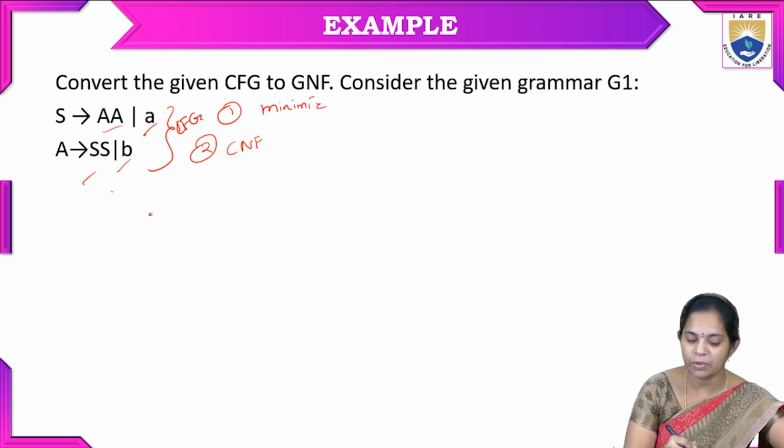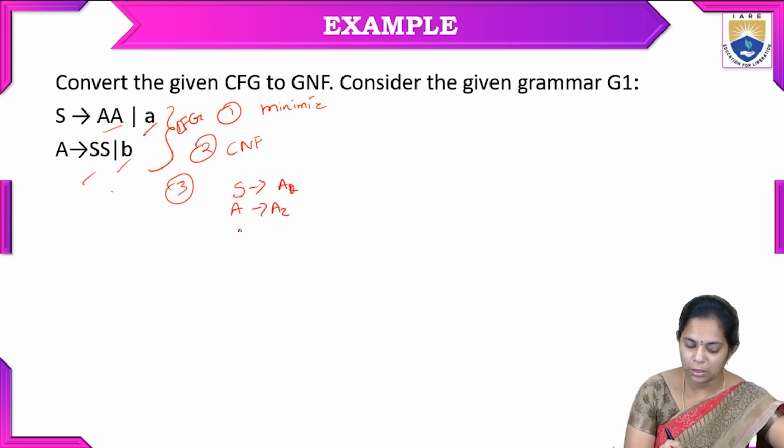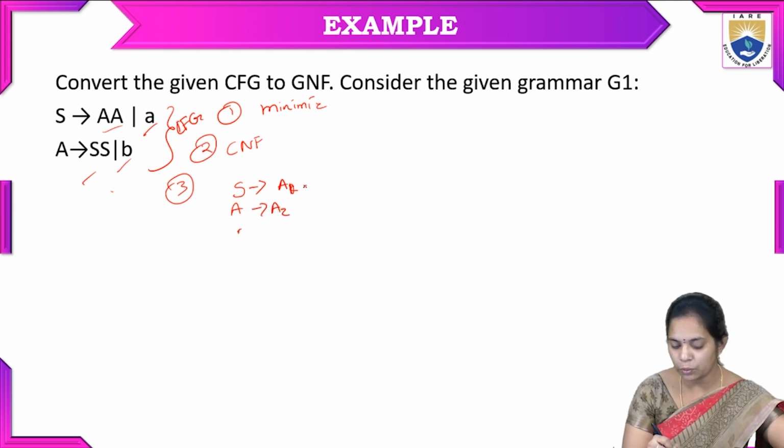So in the first step we minimize, in the second step we convert the grammar to CNF, and in the third step we assign values. So in the third step we will assign values. So here S tends to A1, and A tends to A2, and S tends to only two are there.